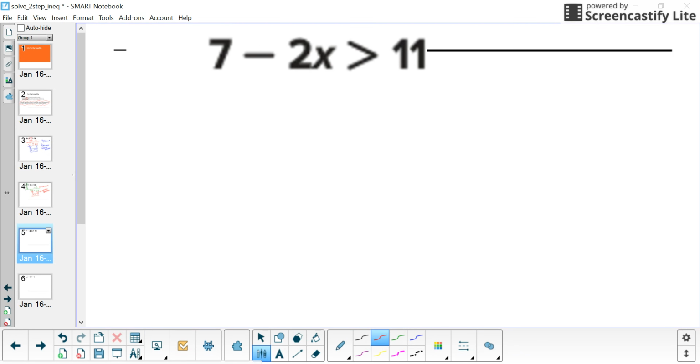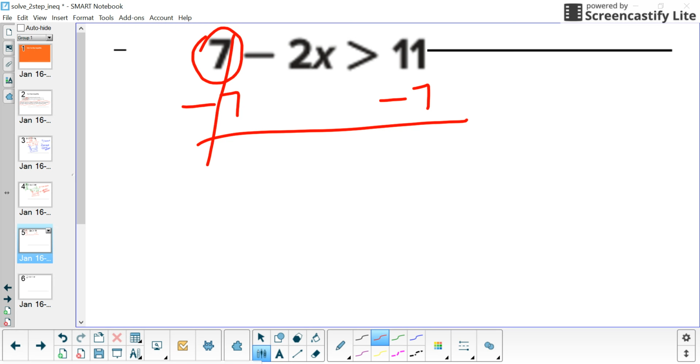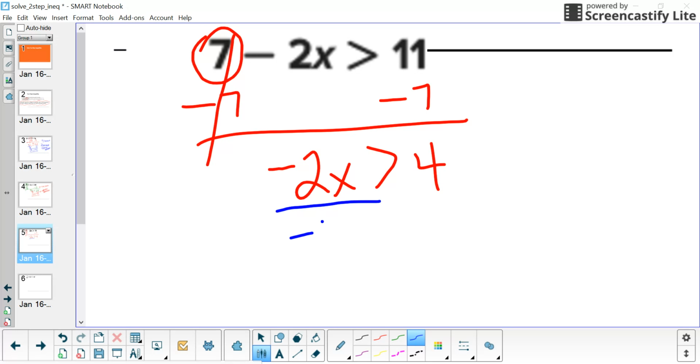Okay, let's look at our next example. Our constant in this example is positive 7. Instead of a positive 7, we're going to subtract 7 on both sides. On the left, we are left with negative 2x is greater than positive 4. Now, we are going to divide both sides by negative 2. Why?